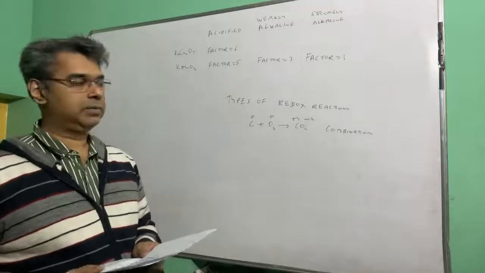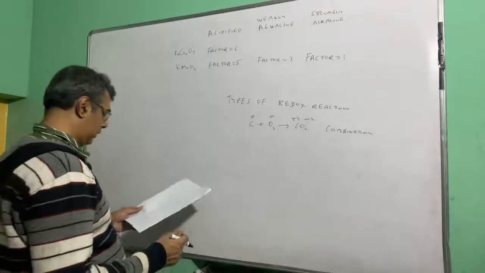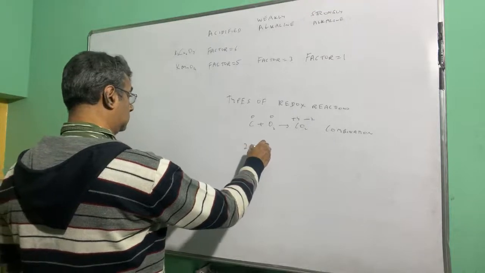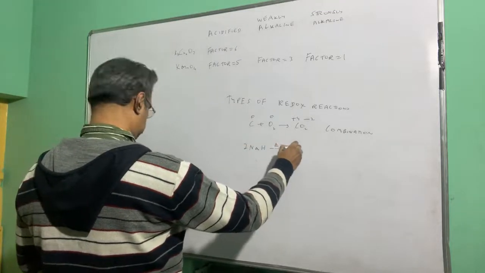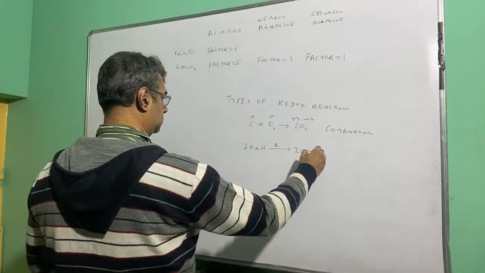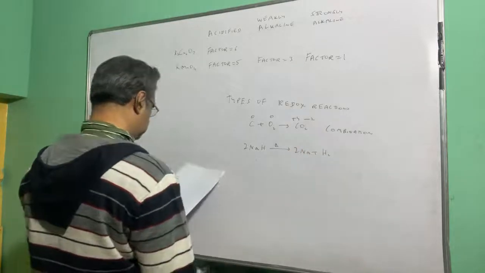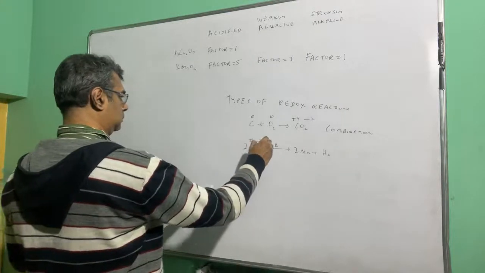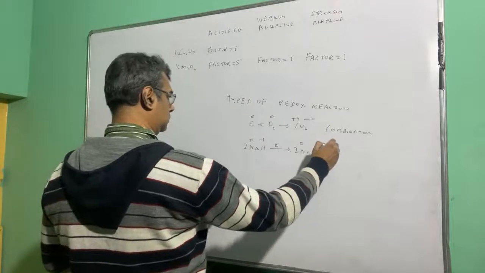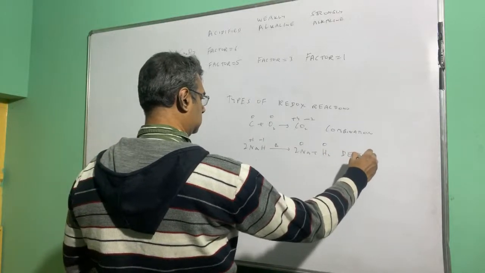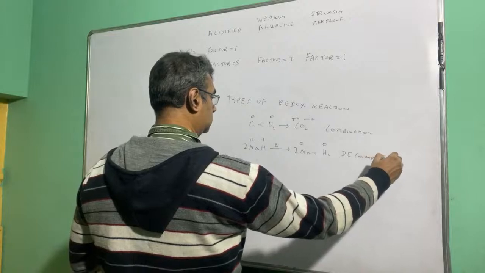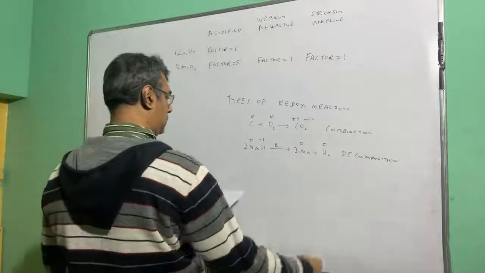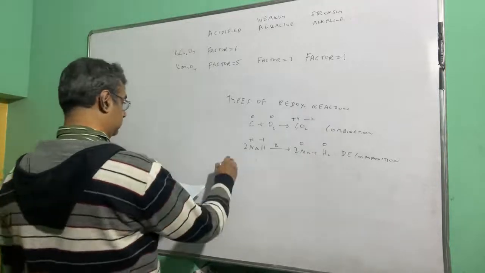You just need to know the names of all the types. Then 2NaOH gives 2Na plus H2. This is called a decomposition reaction.